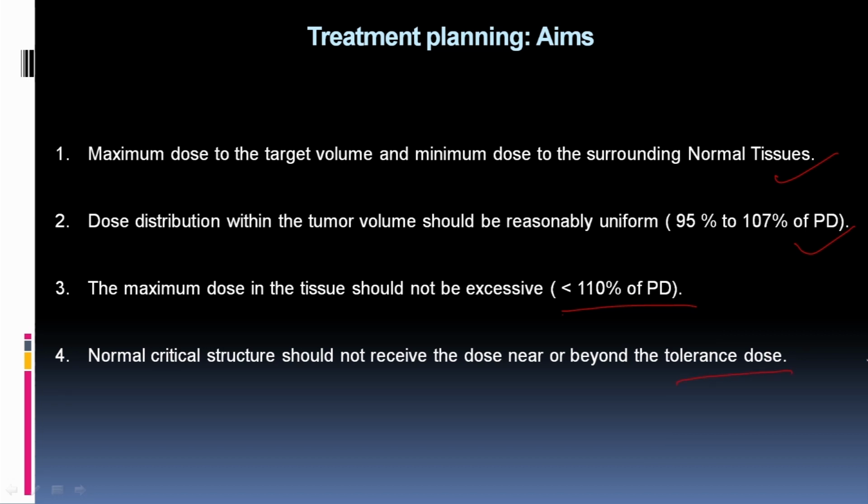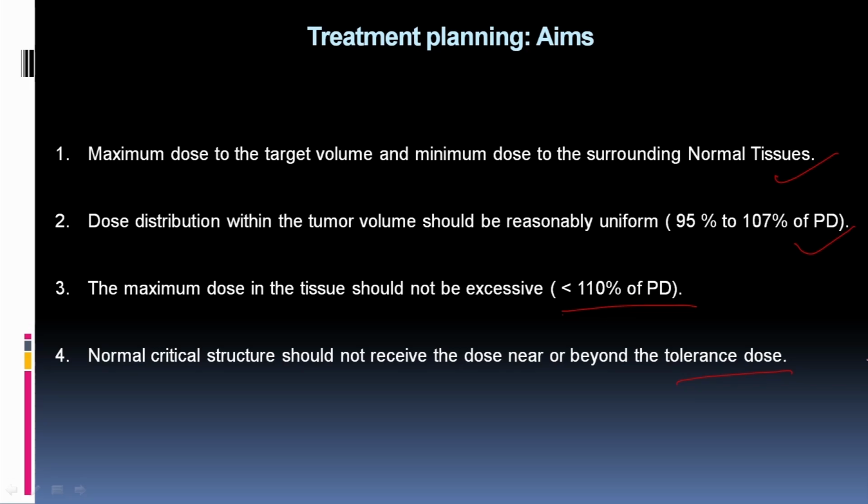We have critical structures such as the brain stem, the optic nerve, optic chiasma, the spinal cord, the eye lens, the skin, and various other organs such as kidney, heart, lung, and they all have their specific tolerance dose. So during the planning, the dose to the normal critical structures should not go beyond the tolerance dose.